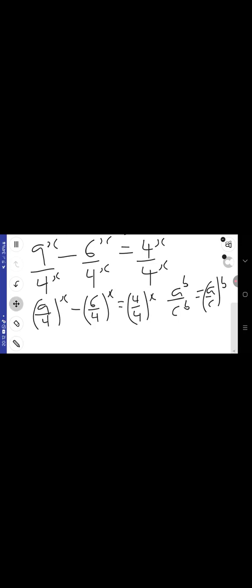You're going to have 9 over 4 exponent x minus 6 over 4 exponent x is equal to 4 over 4 exponent x. So this is what you're going to have.